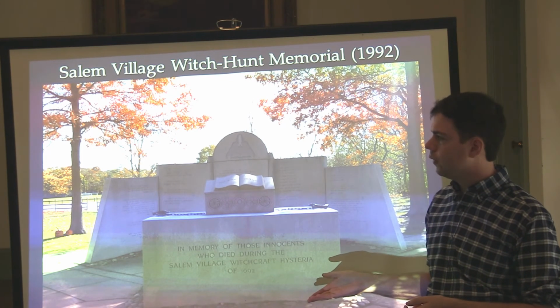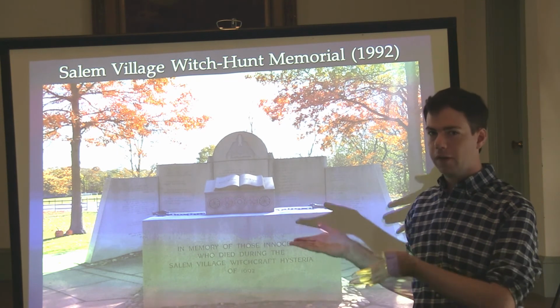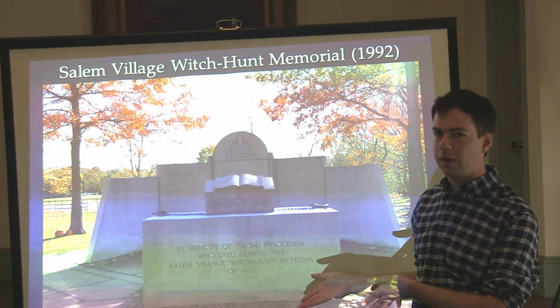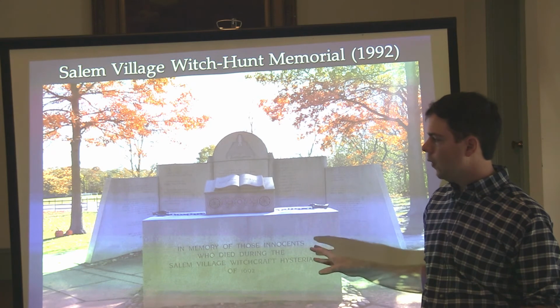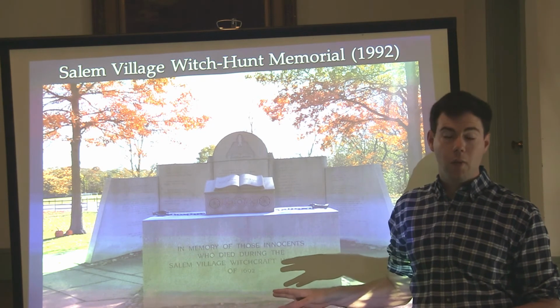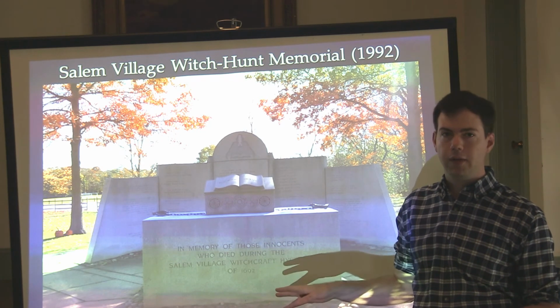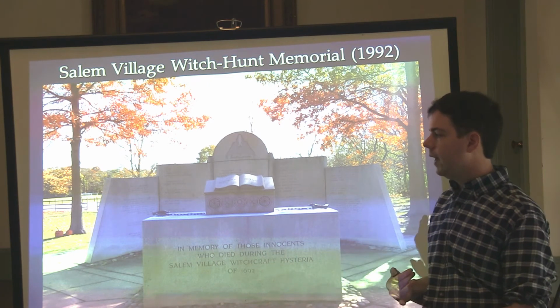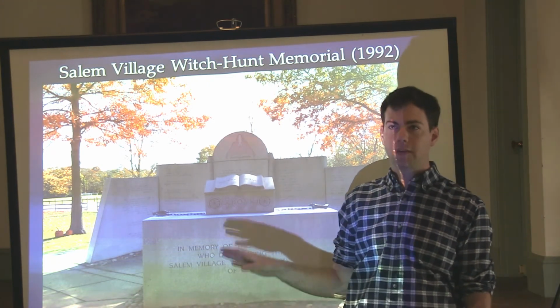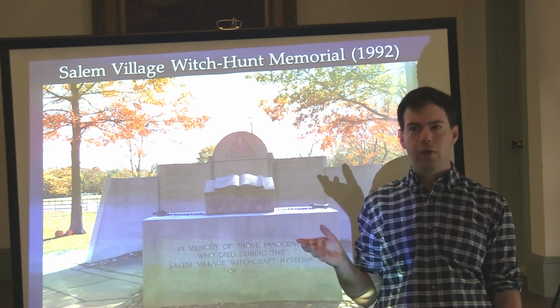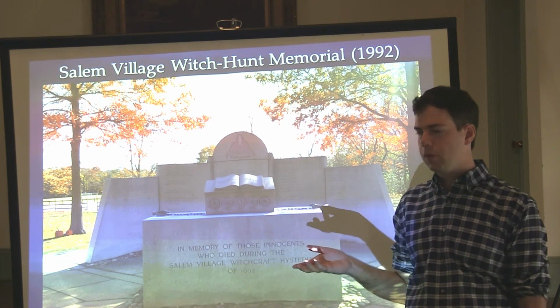In terms of Salem Village, now Danvers, first the town of Salem, which is the city of Salem, this memorial is also different. It's the only memorial to everybody we know that died in 1692. You have the 19 hanged, the one pressed to death, and you also have the 5 who died in jail. Salem has a memorial near the Charter Street Cemetery. You may have seen it.